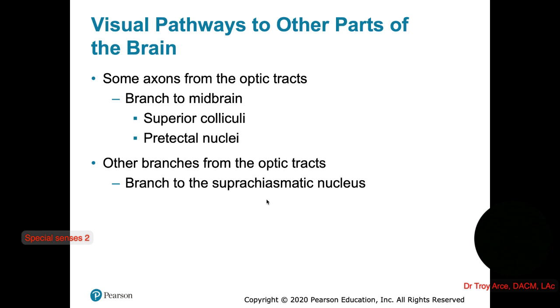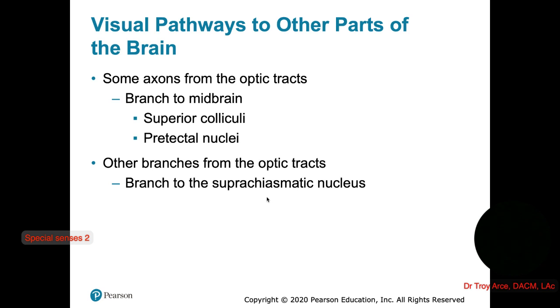Some axons from the optic tracts branch to the midbrain, to include the superior colliculi and the pretectal nuclei. Other branches from the optic tracts branch to the suprachiasmatic nucleus. So this is all involving the brain.